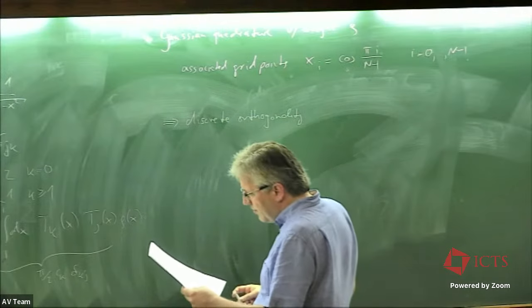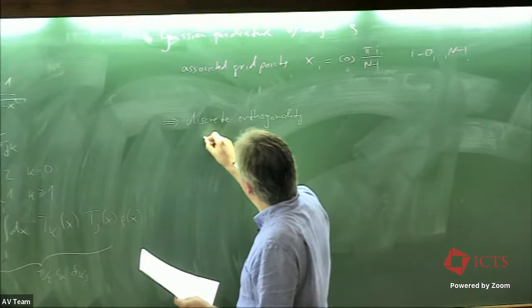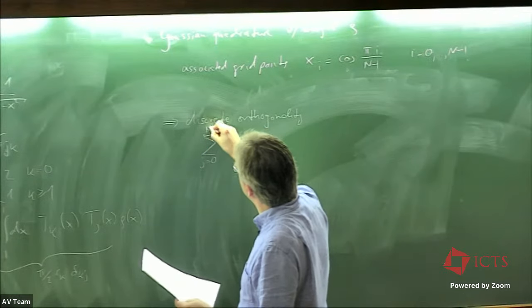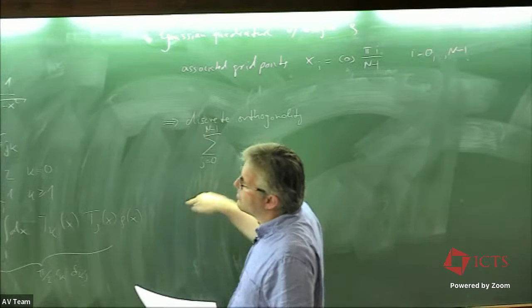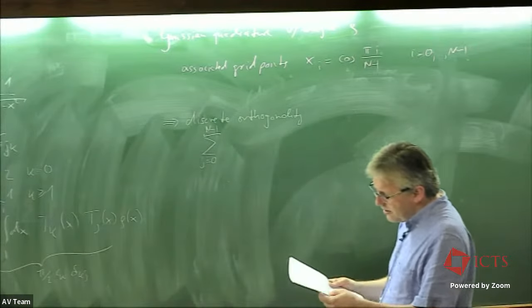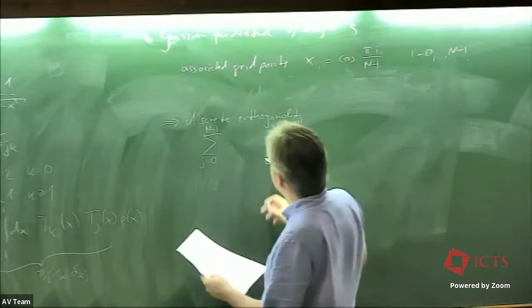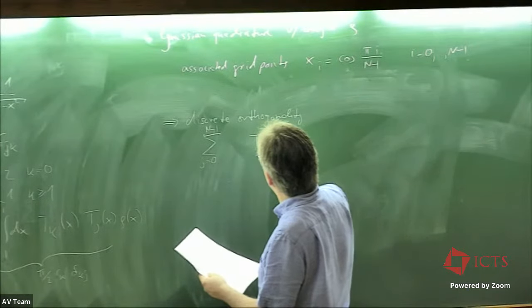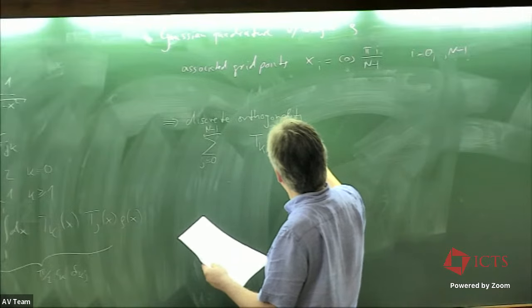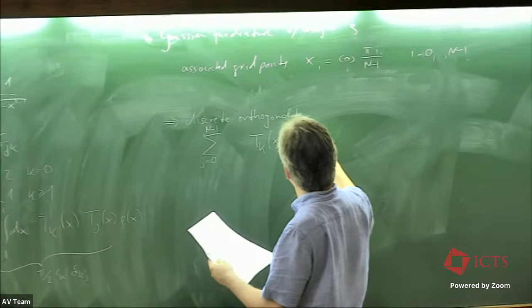If you take the sum over grid points, so j equals 0 to n minus 1, this is the same as the integral over here. Now we need two of our Chebyshev polynomials, T_k of x_j times T_n of x_j.